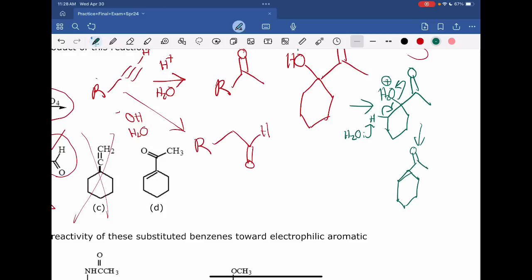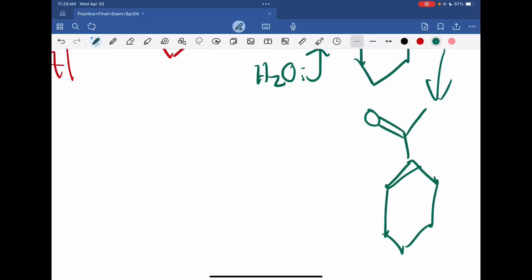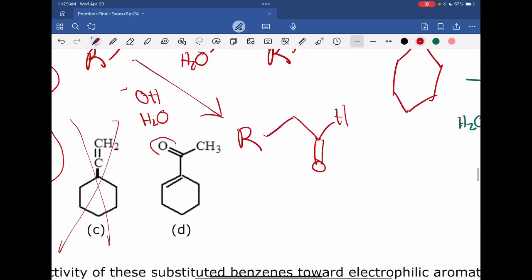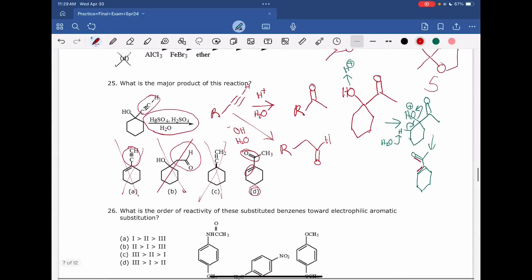This is very favorable. Sure, this is not the best drawing. This is very favorable because of that conjugation that we're getting now between this double bond and this double bond. So the fact that you have a ketone in here promotes the formation of this double bond. So D is what makes sense here.